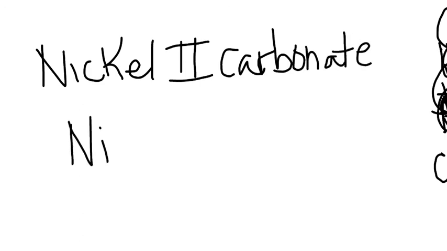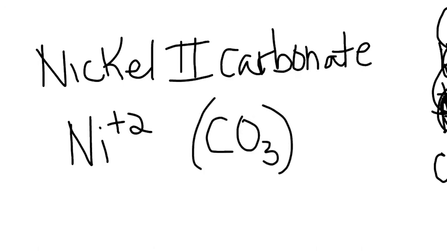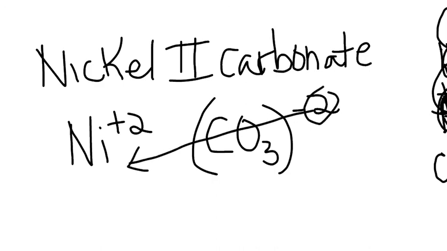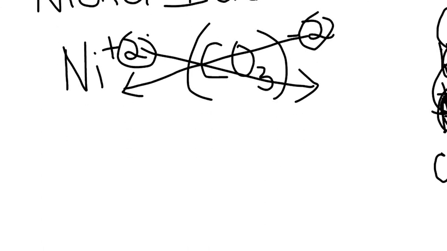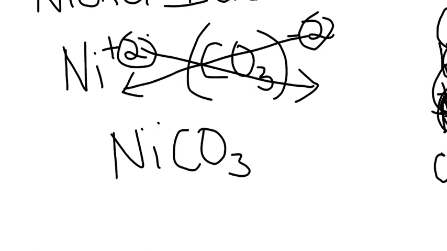That was a nickel with a +2, a carbonate with a -2, and when I crisscross, bring them down, drop the charge, and simplify, what I'm left with is a 1-to-1 ratio, nickel carbonate, nickel to carbonate.